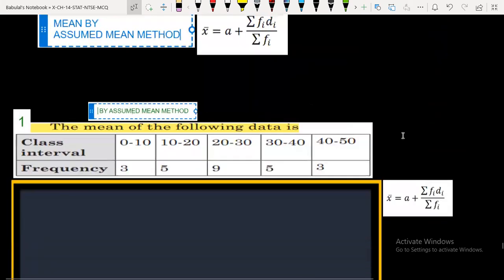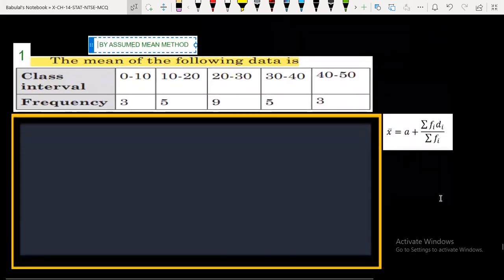Yes, this is the first question on your screen. The question is the same: find out the mean of the following data, but now we have to find out the mean by the assumed mean method. Previously, we got the mean by the direct method, so the process is almost the same.